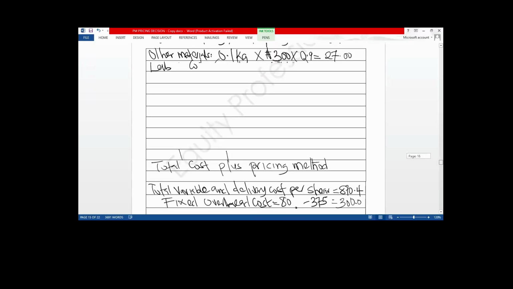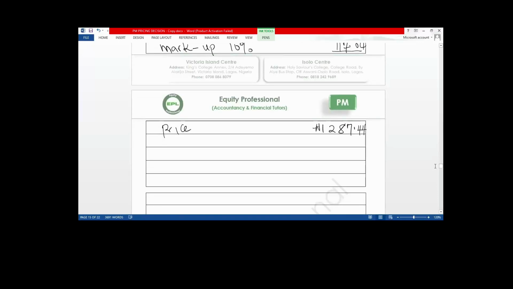Oh, we have gone too far. I just come here. I just do increase in price. This one stop here. You say increase in price. For total cost plus price, we got 1,287.44.